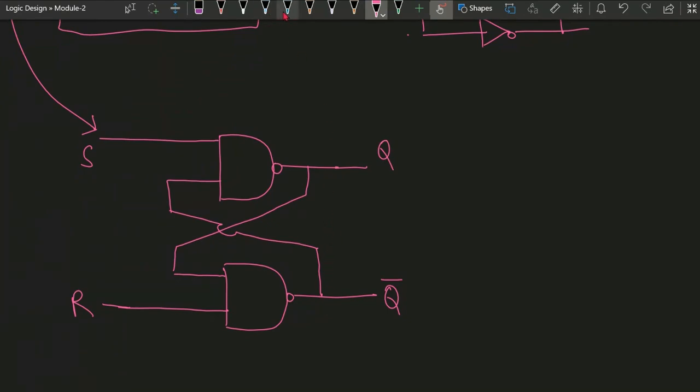A digital circuit is basically represented in terms of its truth table. So we will see the truth table of this SR latch.